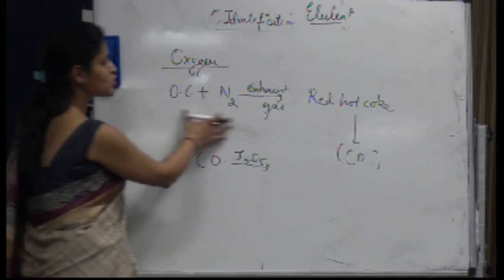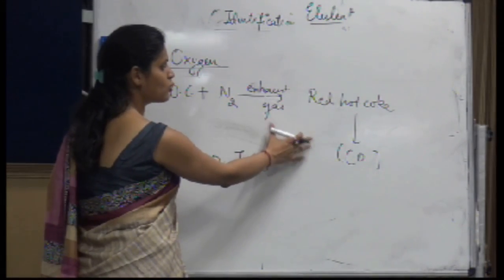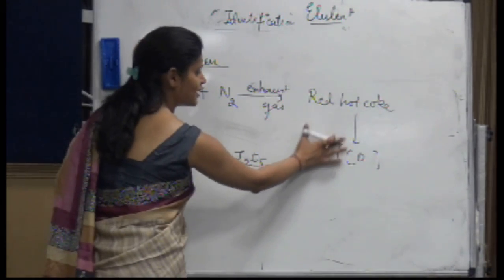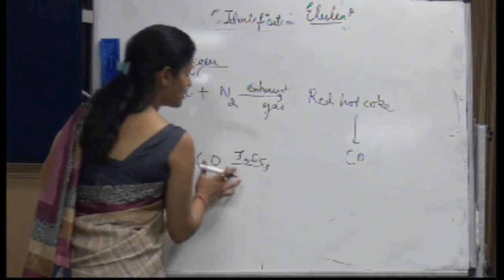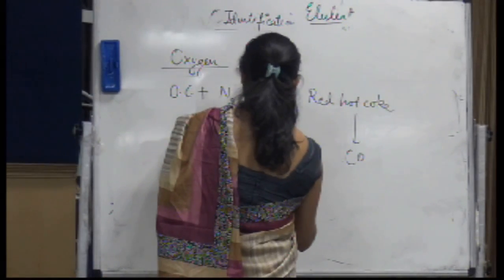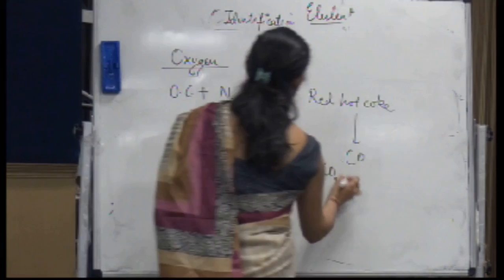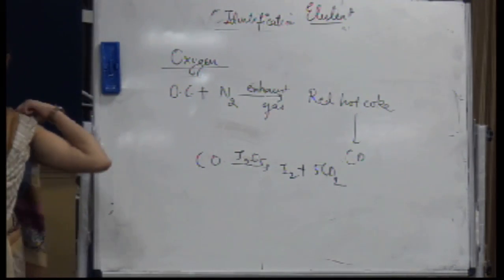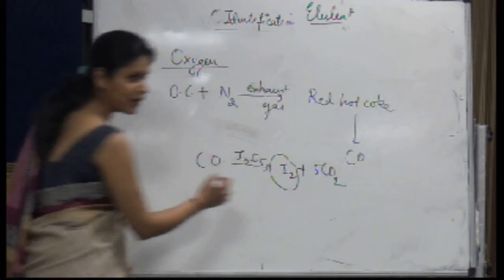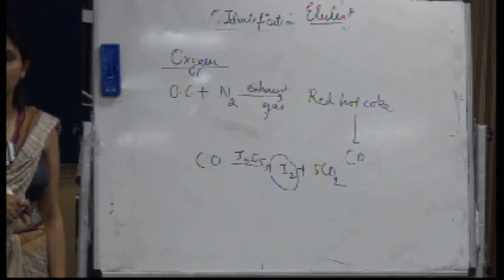When the exhaust of gases is passed over red hot coke, carbon monoxide will form. We will pass this carbon monoxide over the iodine pentoxide, which would form iodine and carbon dioxide. So by estimating the amount of iodine, I can find out the amount of oxygen.